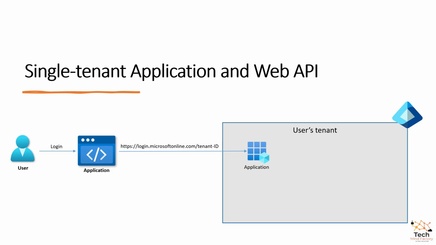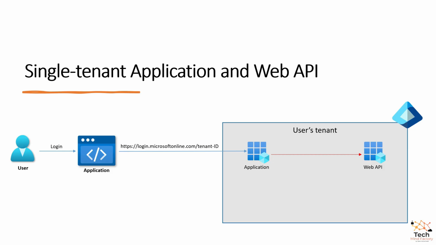So we have an app registration in the user's tenant, right? And in this specific scenario, we want this application to get access to a protected resource, so the web API. So we register the web API in this user's tenant as well. So in the end, we have two app registrations in the Microsoft Entra ID workforce tenant.